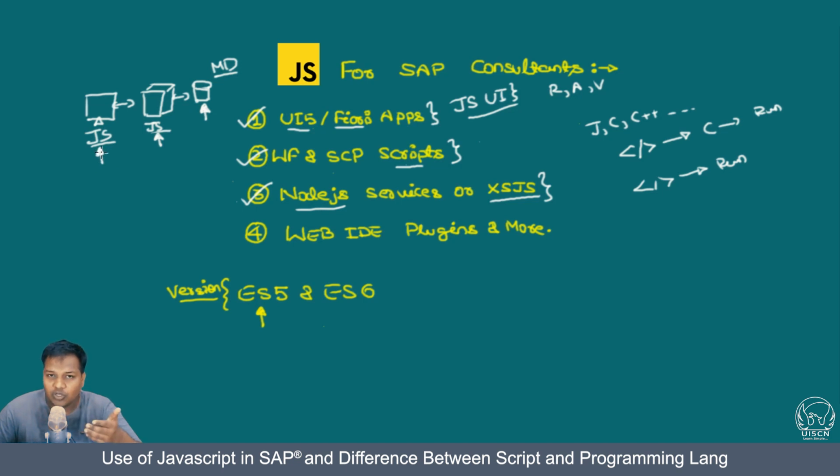But it depends on what kind of stack or technology you use. If you're using MongoDB and there is a lot of JSON you have to interact with, then having a good knowledge of JavaScript will make life easier in database development as well. But at this point, you will find most of the development done on HANA.